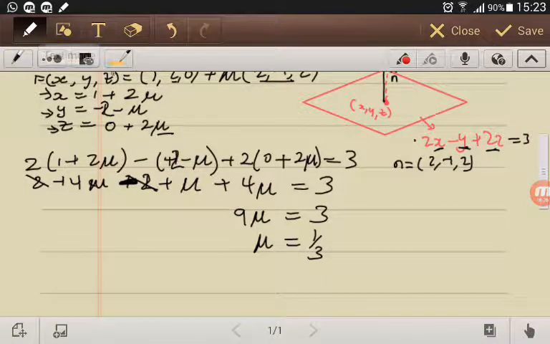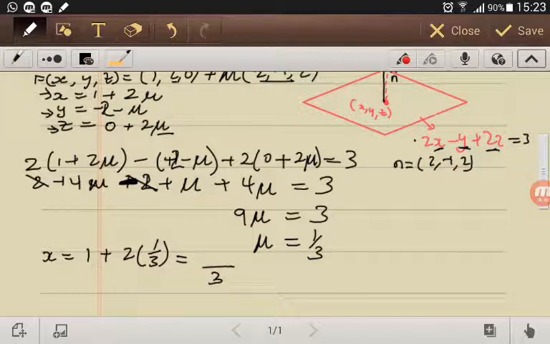Then we substitute back into the equations now. Since we know that mu is equal to 1 over 3, x will become 1 plus 2 times 1 over 3, which is 1 plus 2 over 3, and that should become 5 over 3.